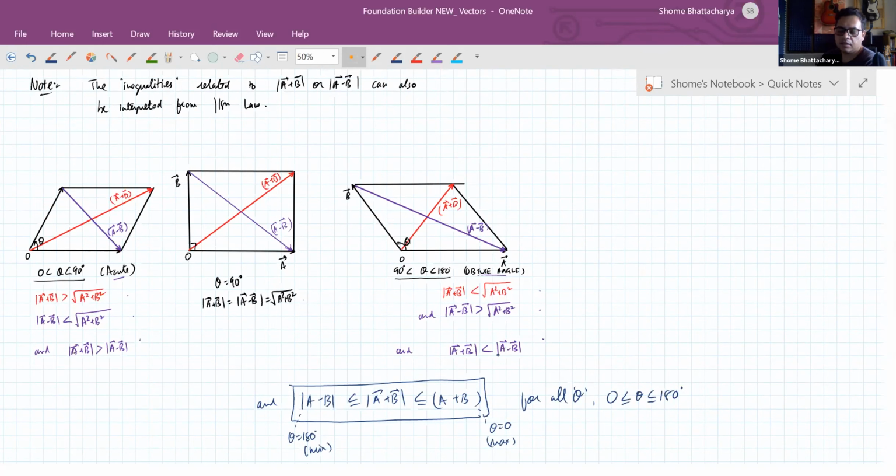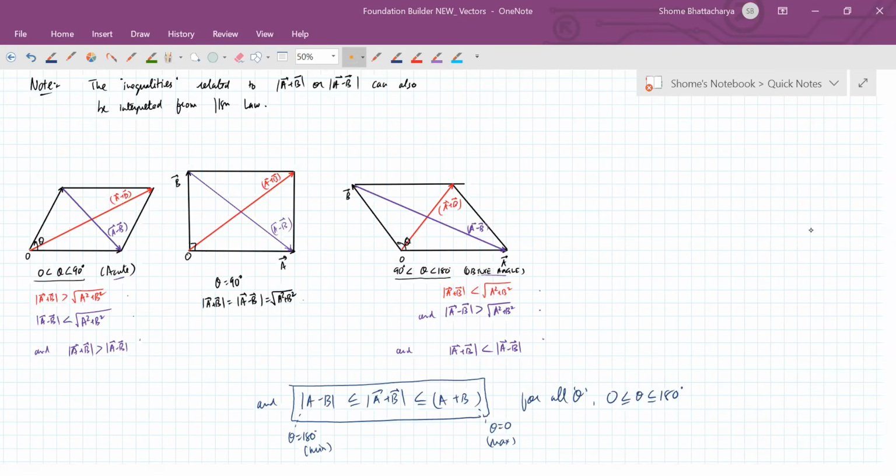And this is where again this helps a lot, because you can just visualize the situation and remember the inequality without getting into the formula. So hope you have understood this, all of you.